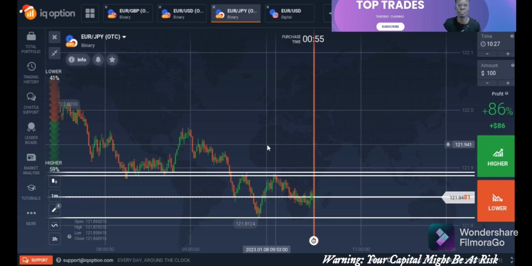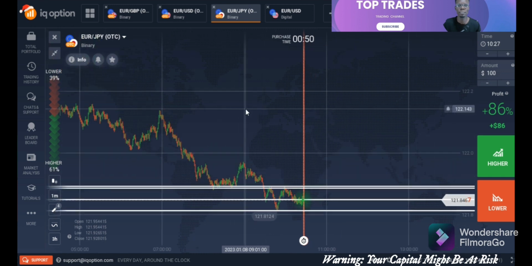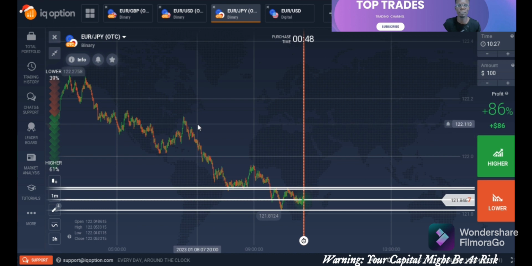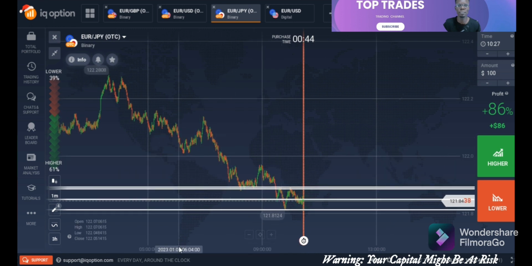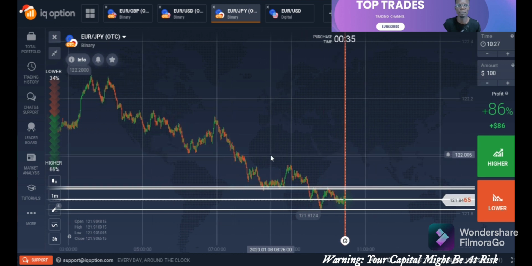So this strategy works. You don't have to plot a lot of indicators on your chart. You don't have to make your chart rough by drawing multiple lines and stuff like that. So the basics of trading is to understand price action.